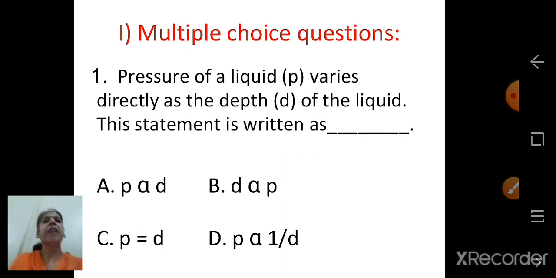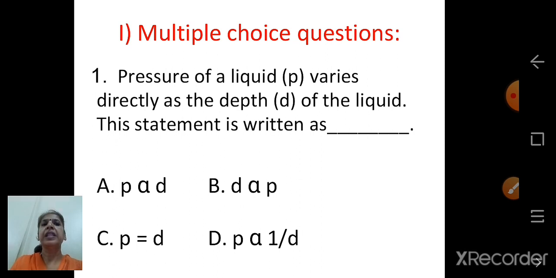So here we have multiple choice questions. The first question is: the pressure of a liquid, the letter given is P, varies directly as the depth D of the liquid. So how is this statement written? For pressure, which letter?